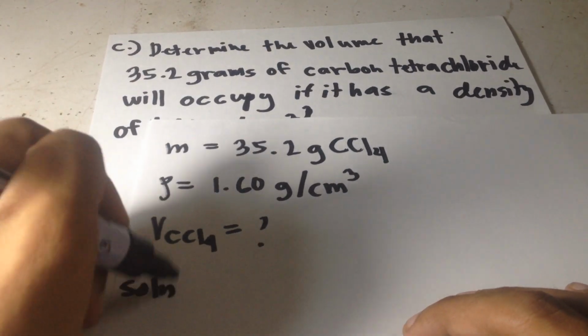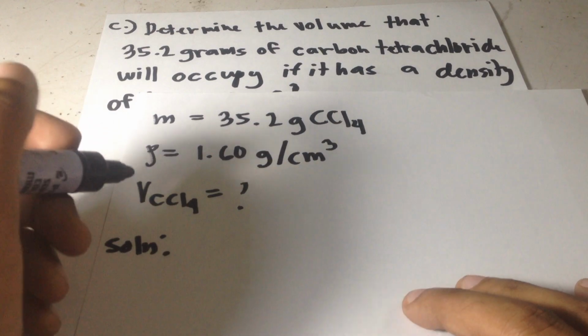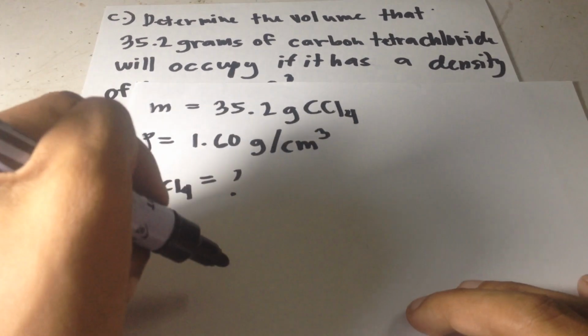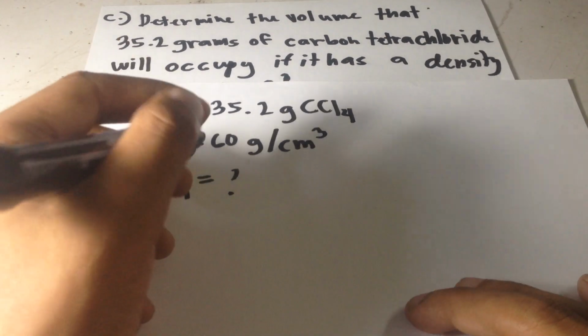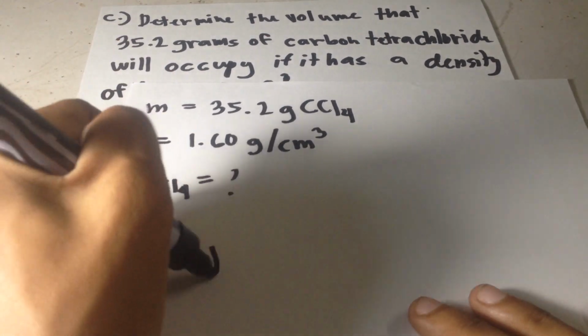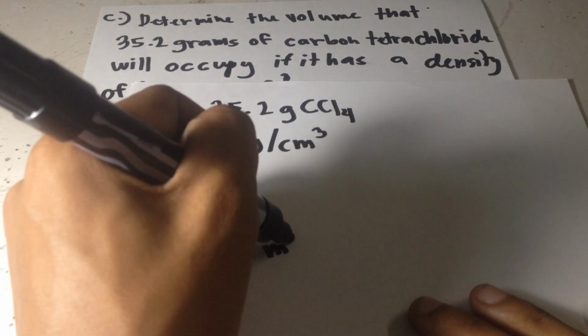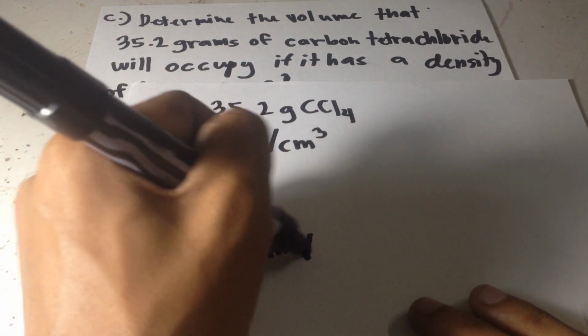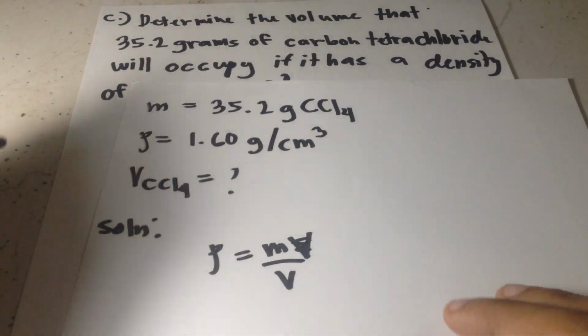Alright, solution. We need to use again the algebraic equation: density is equal to mass over volume.